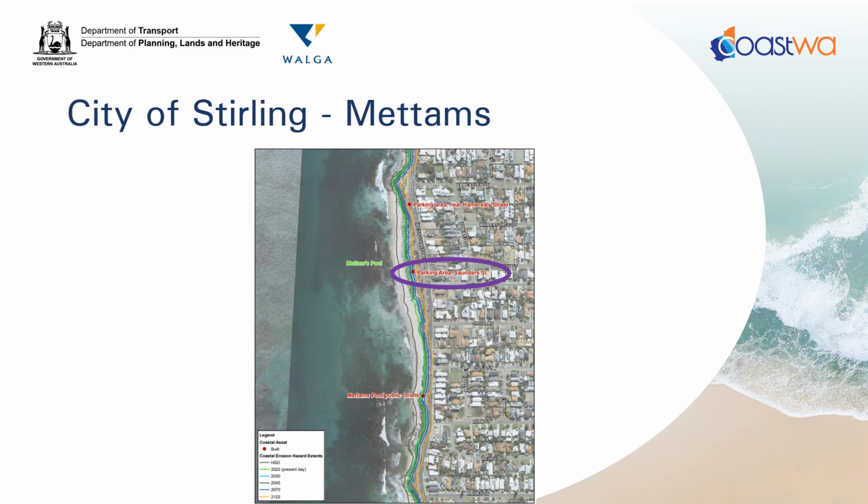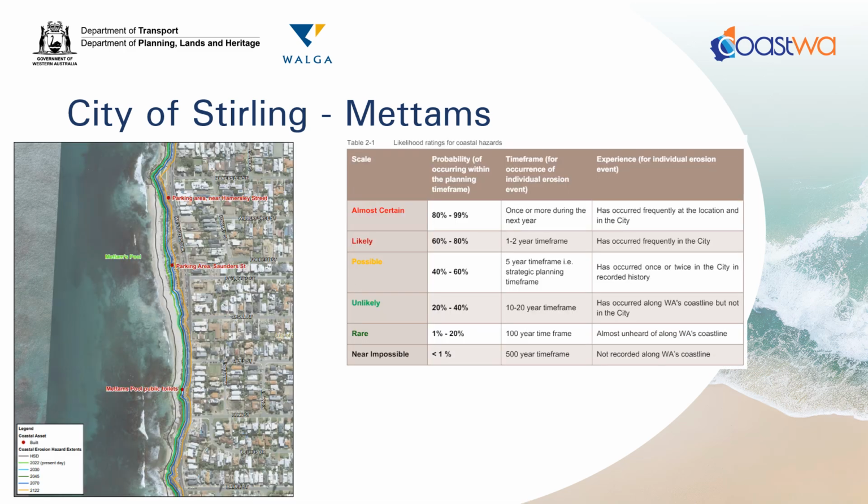So you can see there's a coastal erosion hazard map that's been prepared here, and there's coastal erosion hazard lines that are shown in the drawing to just give you an indication of where the coastal erosion hazard lines will determine the risk, where it sits relative to the asset. So this is the likelihood scale that was used for this assessment.